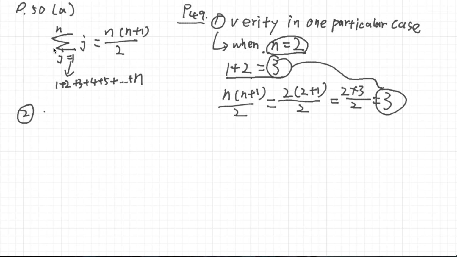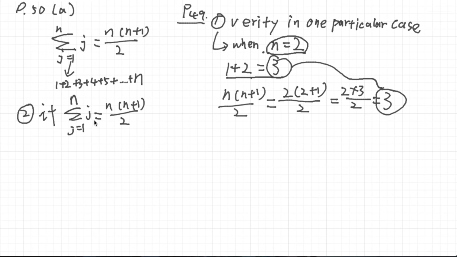Right. So, just like Mr. Berry said, suppose that the summation j equals 1 to n, where you have the rule j, the last term is n, is equal to n times n plus 1 over 2.